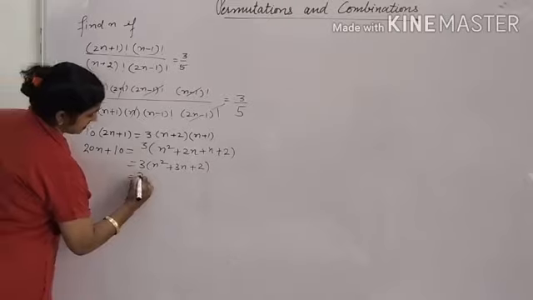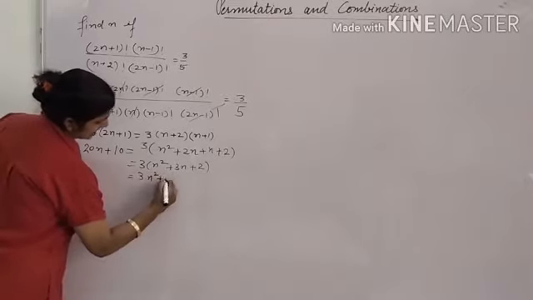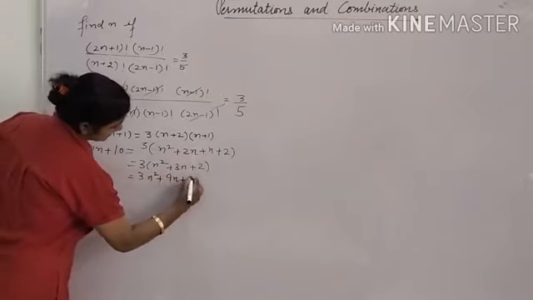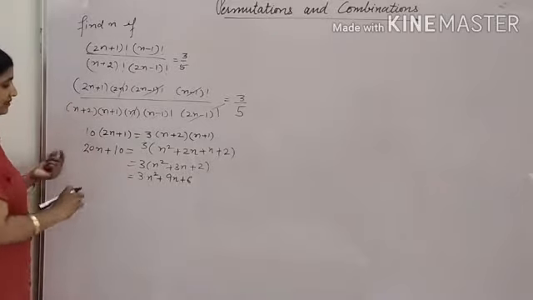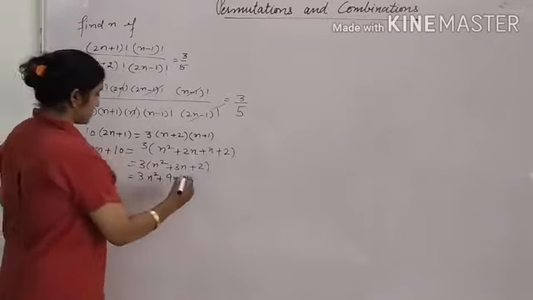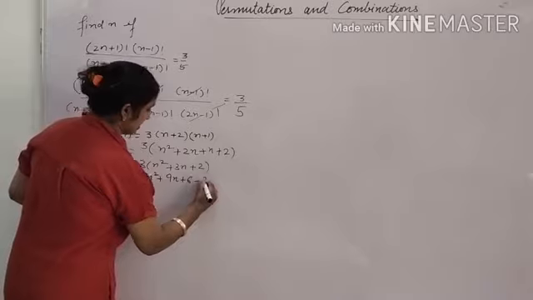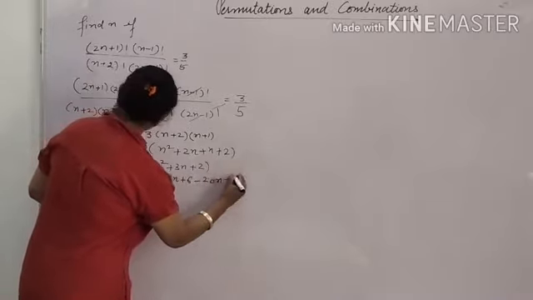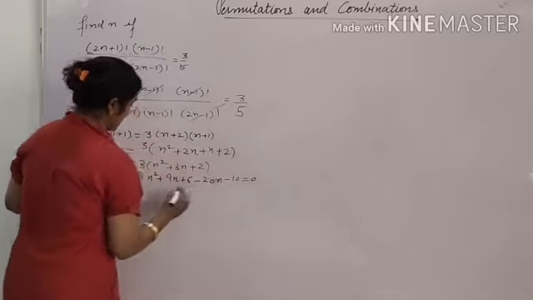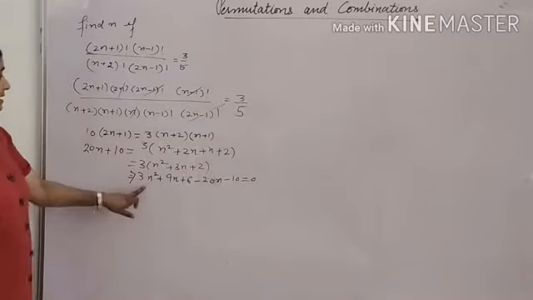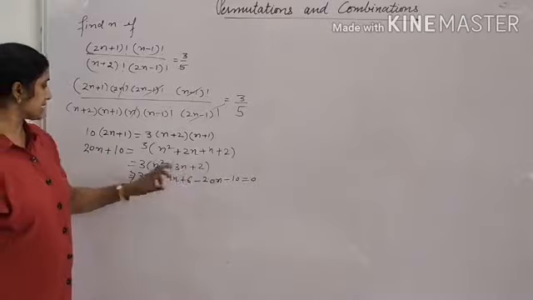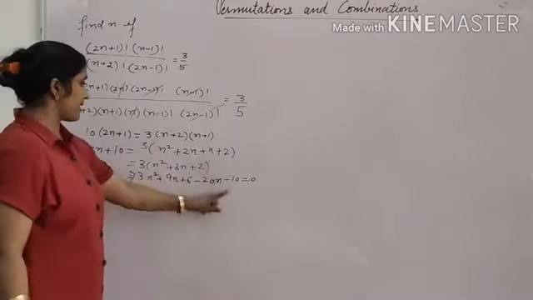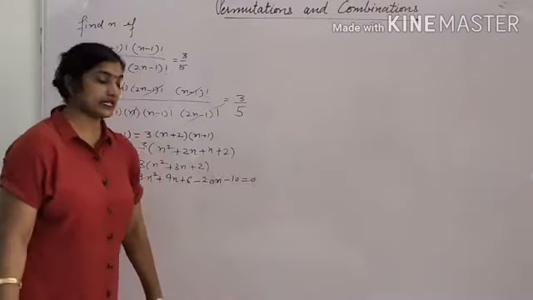This is 3n square plus 9n plus 6. And in the left hand side we have 20n plus 10. So take these terms to the right hand side, minus 20n minus 10, and this is equal to 0. It implies 3n square plus 9n plus 6 minus 20n minus 10 is equal to 0.